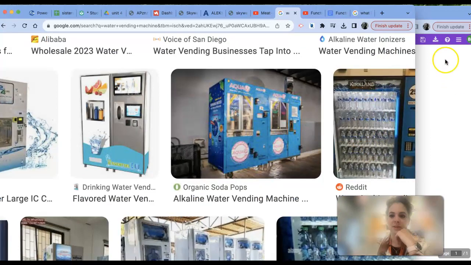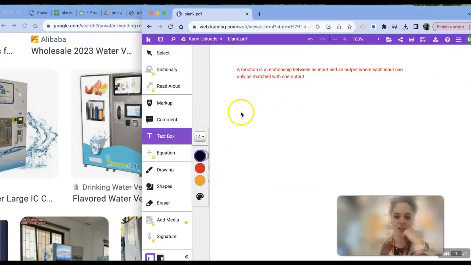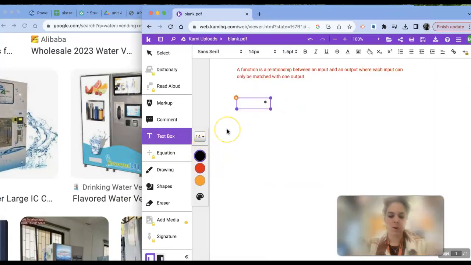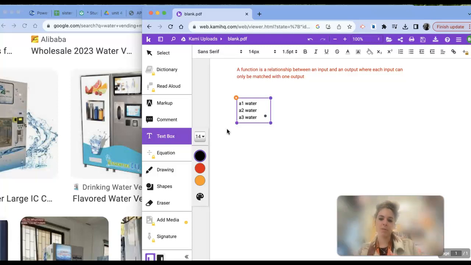So sometimes students get confused and think that that's not a function. Let's say I press A1, I get water. If I press A2, I get water. I press A3, I'm going to get water, no matter what I press. But that's different than if I go up to this machine and press A1, and one time I get water.